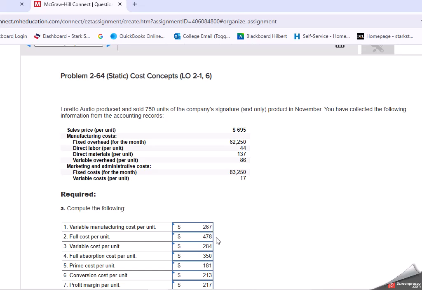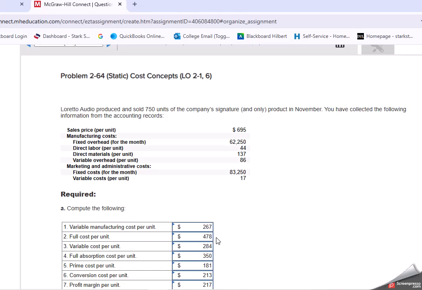And that gives us the $267. The full cost per unit is also going to calculate that fixed overhead into that. So if we have $62,250 divided by 750 units, that's $83 a unit that we'll have to add in to our $267 a unit.